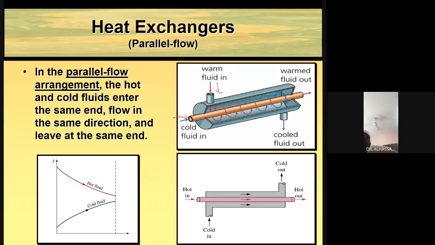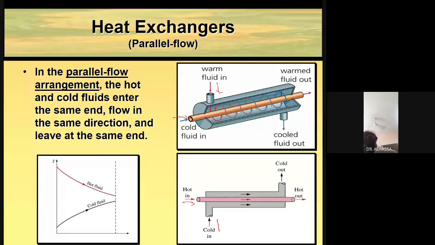They are all moving in the same direction along the flow, and then they exit in the same direction. The same thing applies here: the cold fluid is entering the shell, the hot fluid is entering the tube, and they are moving in the same direction.